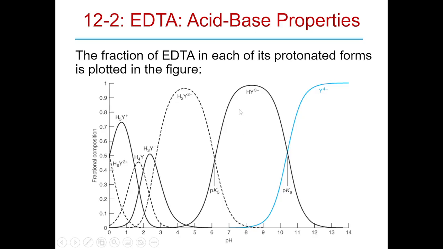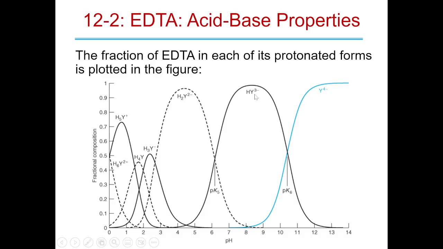So like if I gave you one that's between pH 8 and 9, what's the primary species? Let's go here. Primary species is that one, isn't it? What other species do you have in that? You have the Y4- a little bit, and you have the H2Y2- , right? Okay. Very little, right?